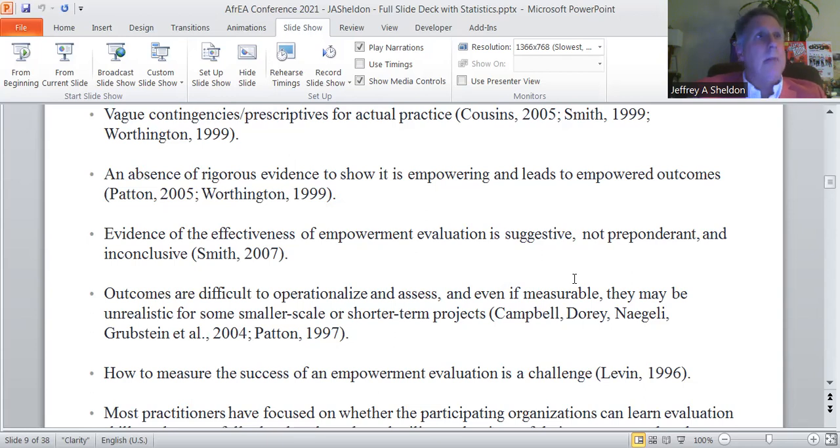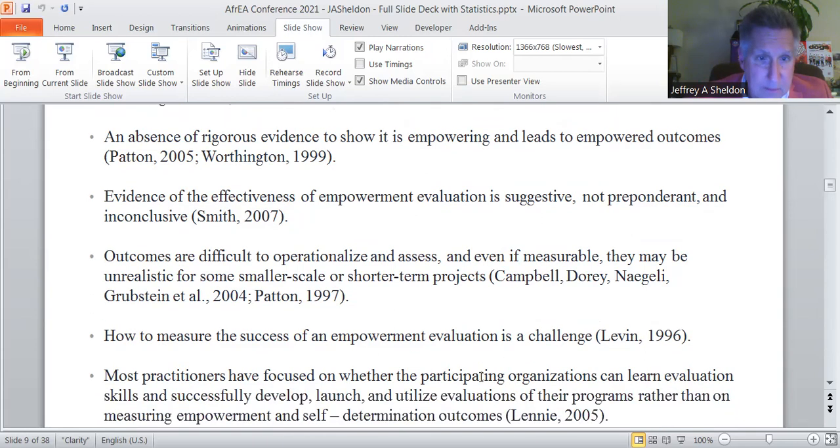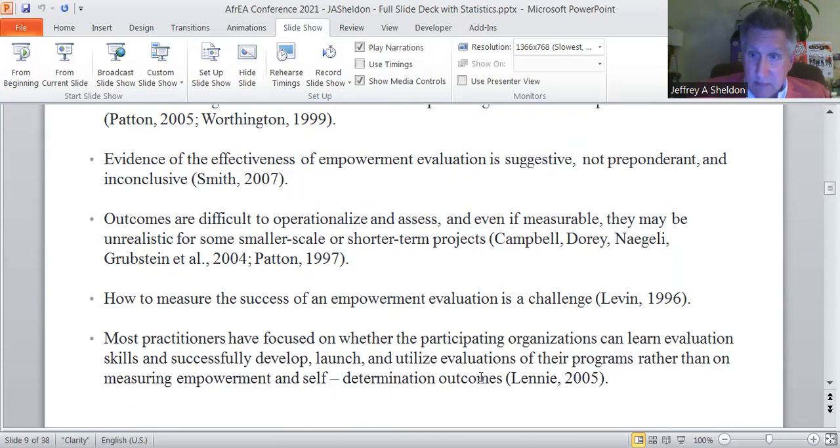How do you measure that if you're an evaluator conducting an empowerment evaluation with a group of people participating, a collective? How do you measure whether they're becoming empowered and self-determined? It's hard to operationalize that as you're going through an empowerment evaluation. Again, it brings up the question of how you measure success. How you measure it is challenging.